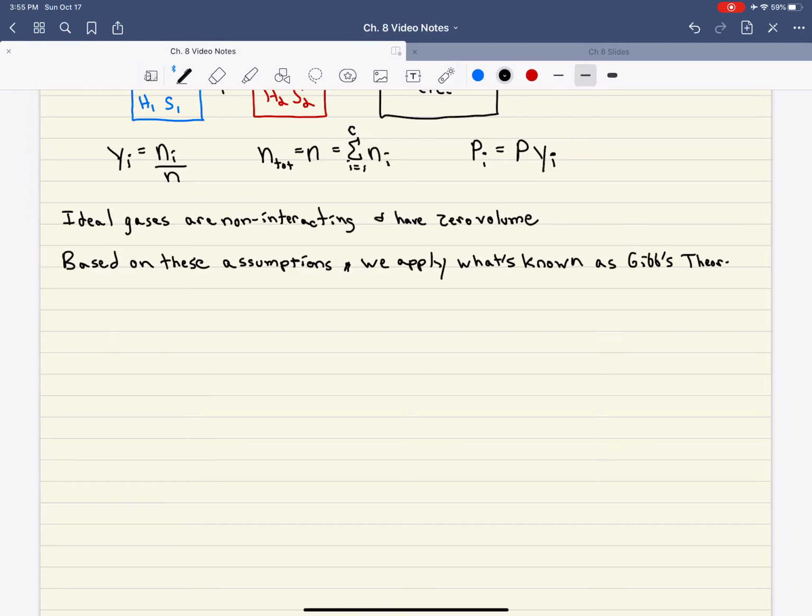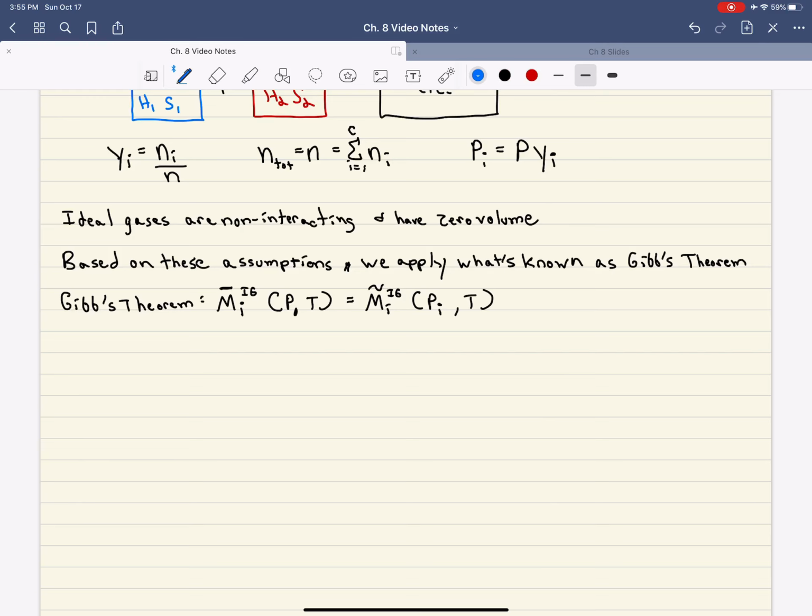And Gibbs theorem essentially says this: that the partial molar property of a species in an ideal gas mixture at some total pressure and temperature is going to be equal to the molar property of that chemical species in the ideal gas at its original partial pressure and temperature.